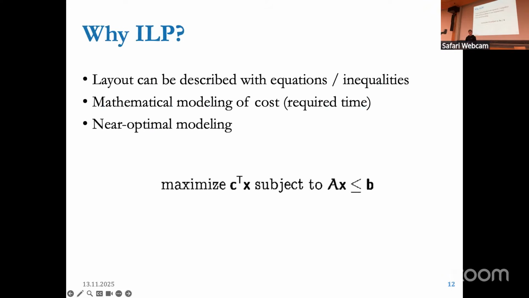Why do we use ILP? Well, the OptiPIM authors noted that the PIM layout mapping can actually be described with some mathematical equations and inequalities, which model the costs, the data layout, and all the representation of the computations very accurately. And with this mathematical model, we can then use ILP, which can give us a good solution to this mathematical problem.